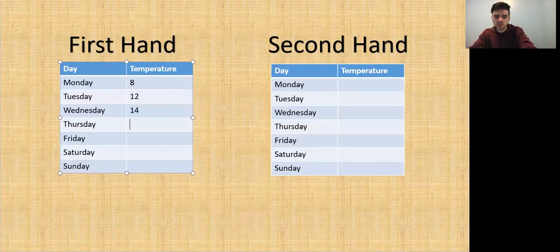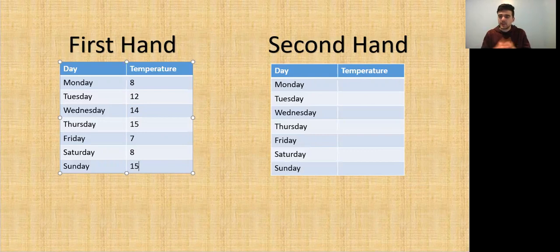On Wednesday, 14. Thursday, 15. Friday, drops back down to 7. Saturday, it's, let's say 8. And Sunday, we're back up to 15, okay? You went outside every day. Presumably, you went outside at the same time every day, but obviously there's gonna be some variance, and you found and wrote down the temperature. That's your data, that's firsthand.